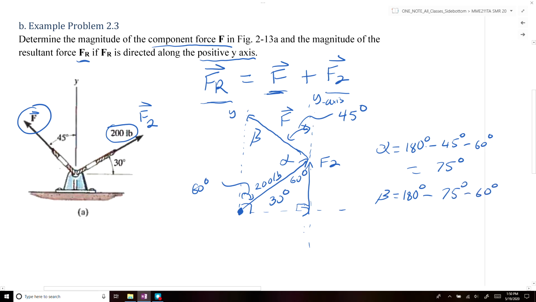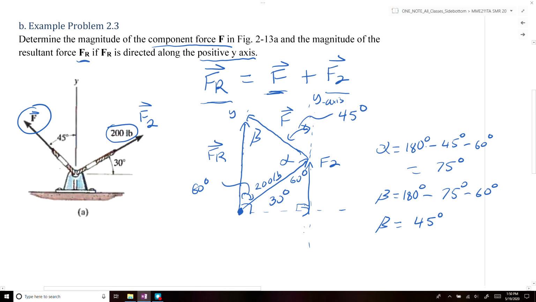That's 135 degrees, and 180 degrees minus 135 degrees is equal to 45 degrees for beta. Now we have our triangle all drawn out. We know all three interior angles of the triangle. We just don't know the two sides, the force F and our resultant force Fr.